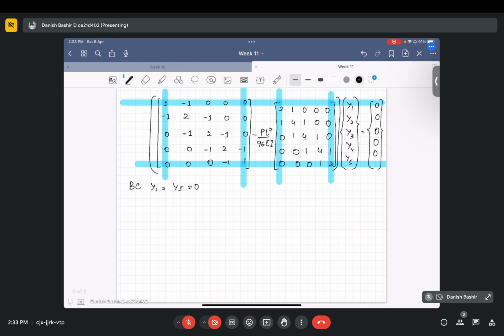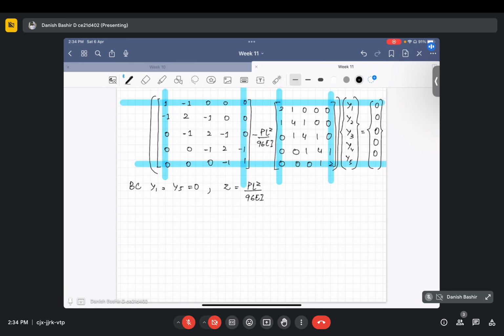Okay, so I will write the reduced system, and I will make one more substitution, z equal to PL square by 96 EI, otherwise I have to write it again and again.